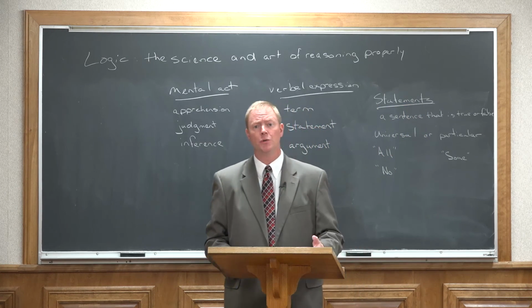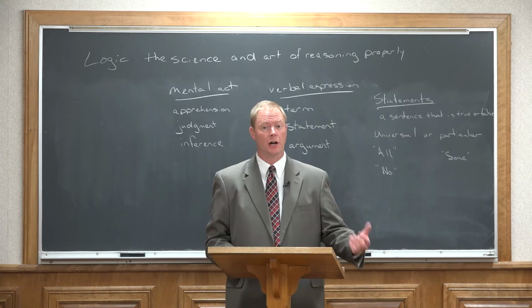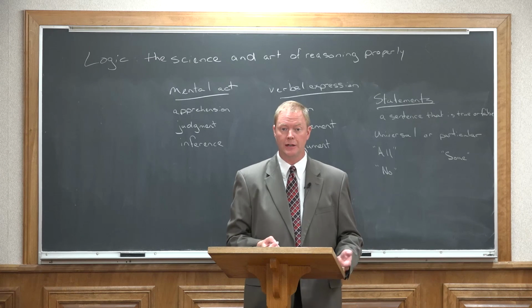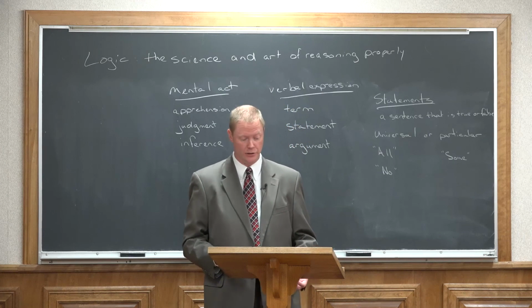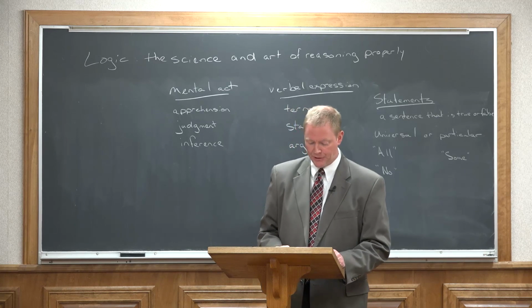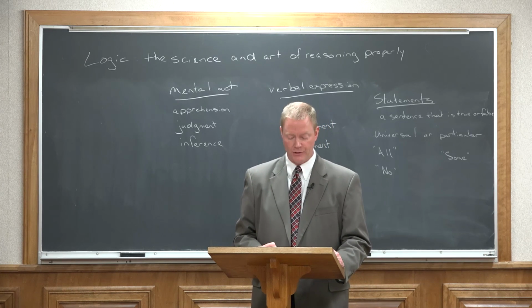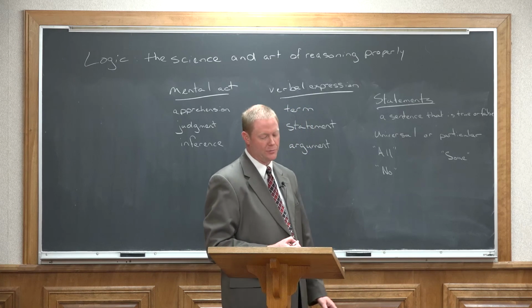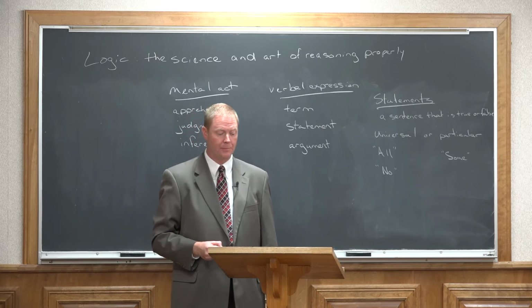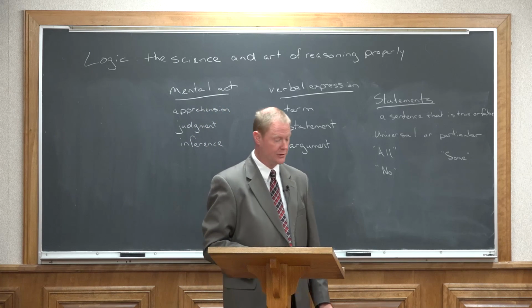Many, most, a few, a couple, some. Okay? It is a particular. The universal predicates something about every member of the subject. The particular predicates something about some of the subject, a particular part of the subject.